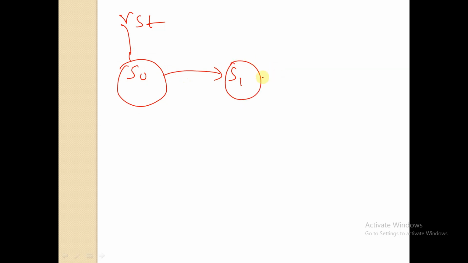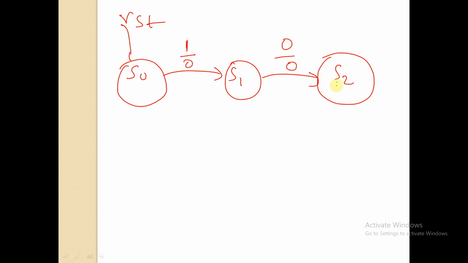For example, if there is a reset state, we will go to some state called S0, and we have, say, three states like this, S2. So if reset, we will go to S0 state and output is 0, and if the input is 1, the output is 0, and we will go to the S1 state, and if the input is 0, output is 0, and we will go to the S2 state.